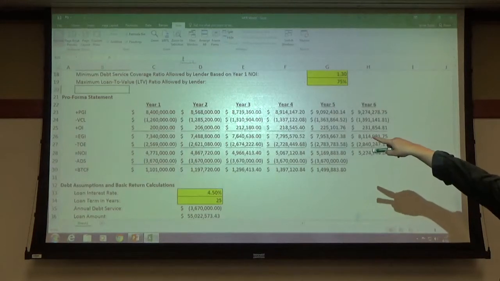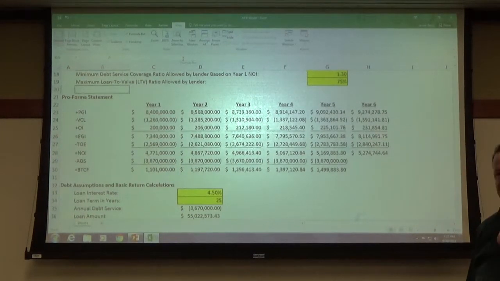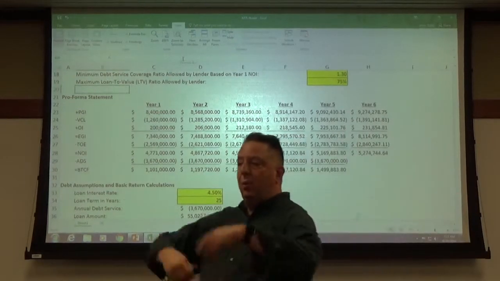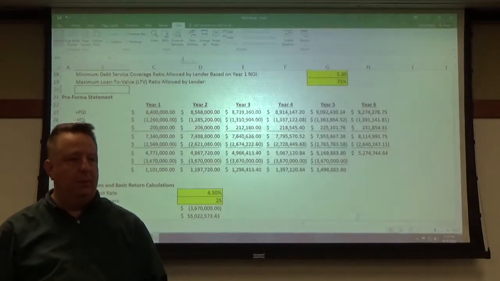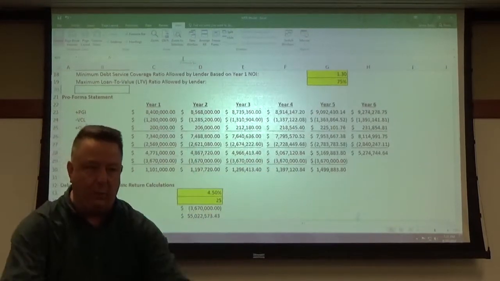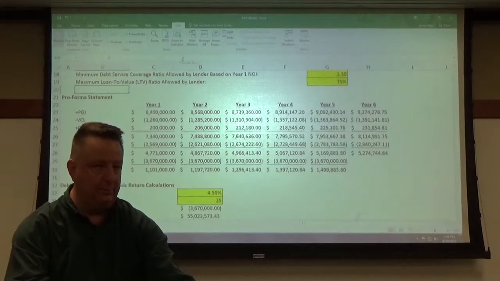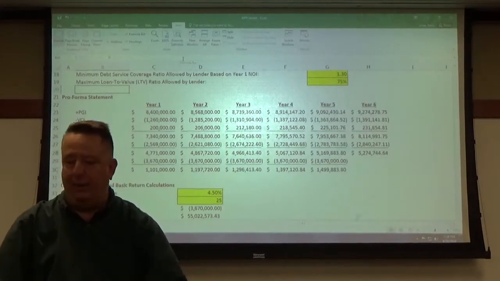So this maximum loan to value, LTV ratio allowed by the lender, 75%, means what in terms of equity? That would be the debt, 75%. The equity would be 25%. Does that make sense?